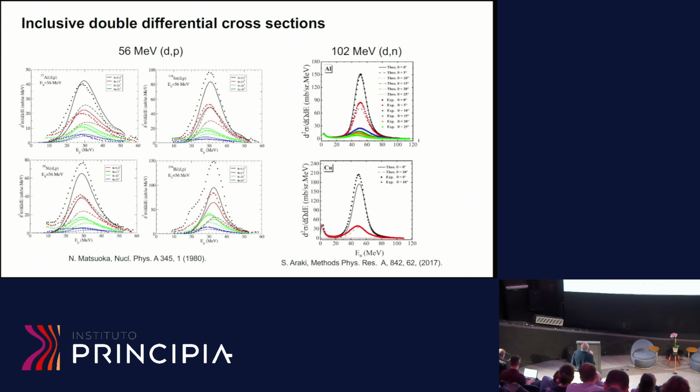Here I show the aluminum, nickel, tin, and bismuth. You can see at low energy, for light nuclei, there's a fairly good agreement. It's slightly shifted. The shift probably is in part due to secondary collisions, which reduce the proton energy.